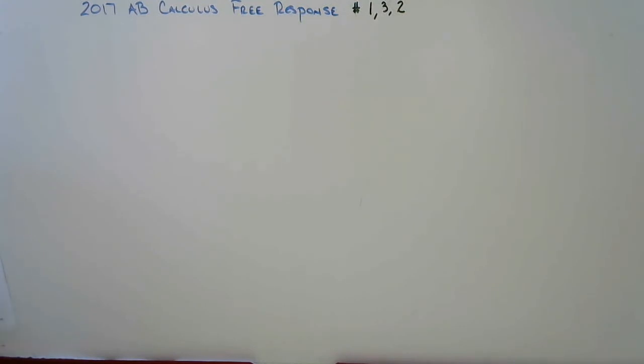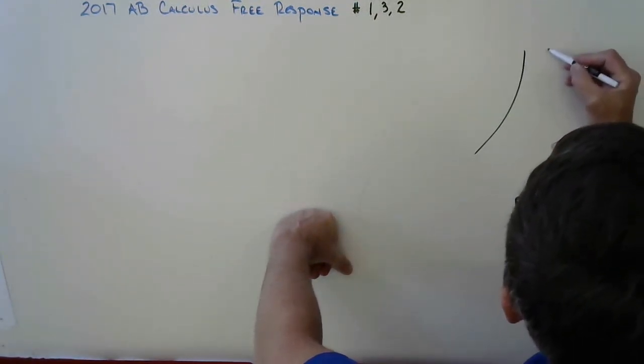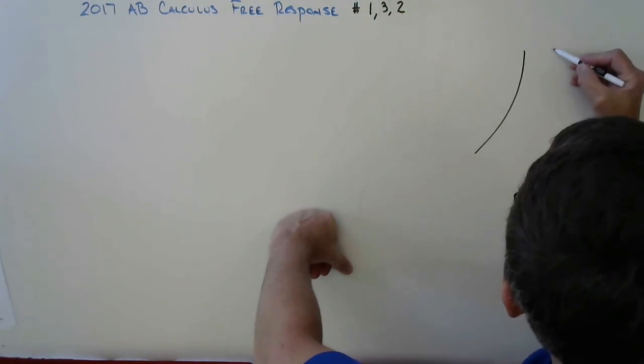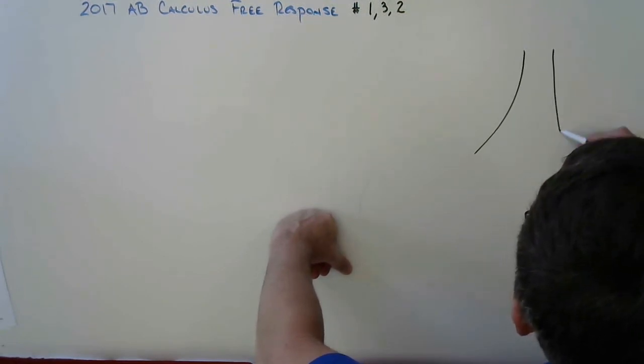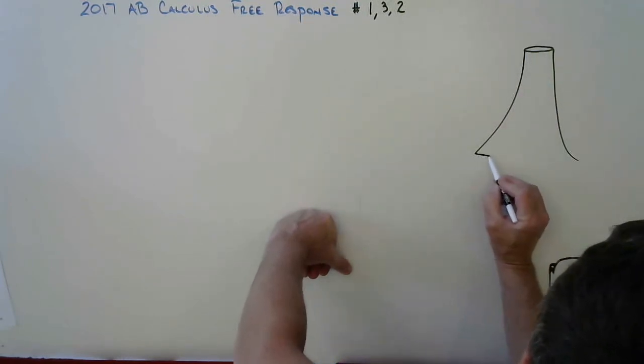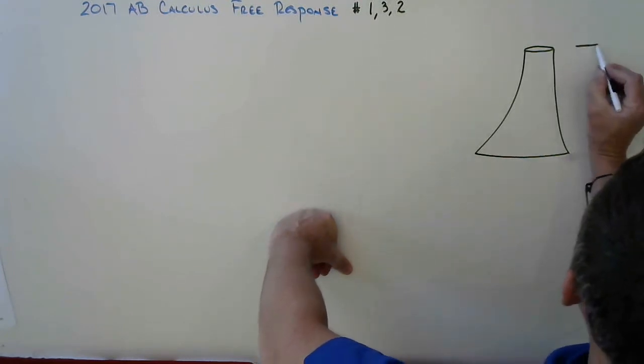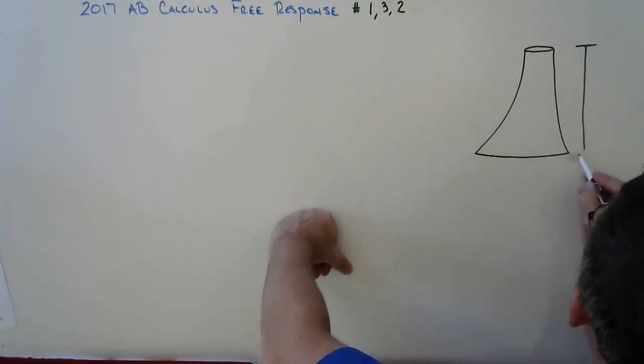They say A is continuous and decreases as h increases. So I'm just going to draw a tank that looks something like this. And it says the height of our tank is 10 feet.